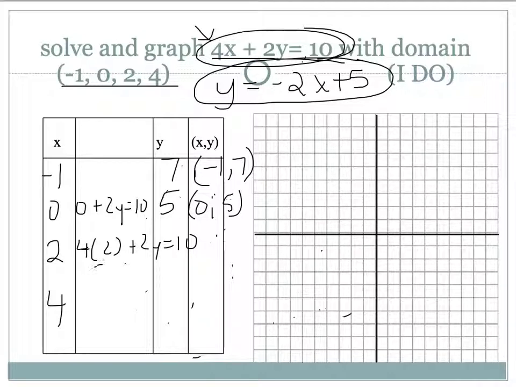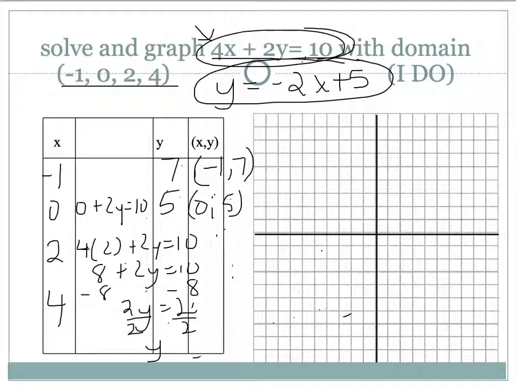Now I have 8 plus 2y is equal to 10. If I subtract 8, 2y is equal to 2. Divide by 2, y is equal to 1. So here, when x is 2, y is 1. Okay, I'm going to go ahead and erase here.